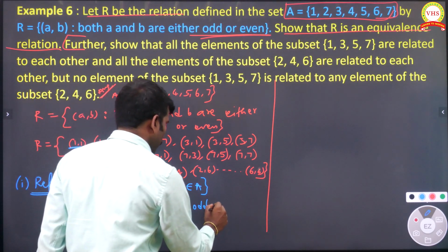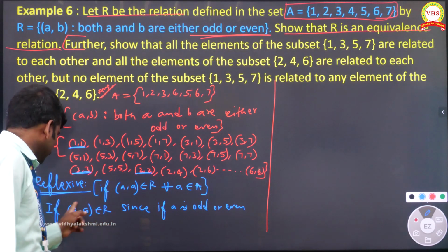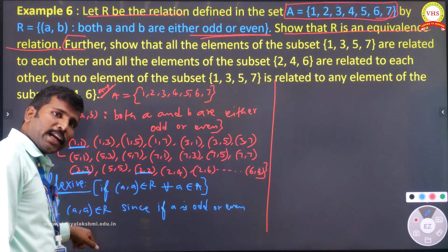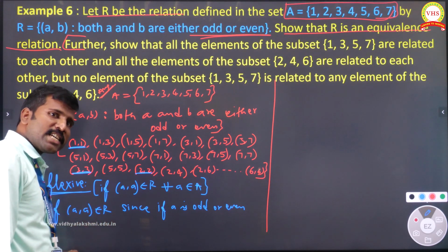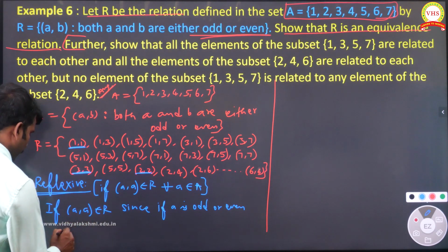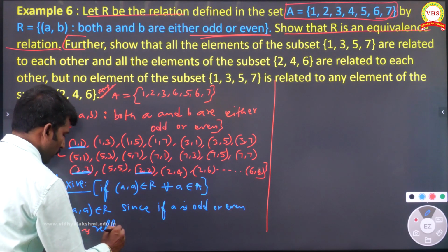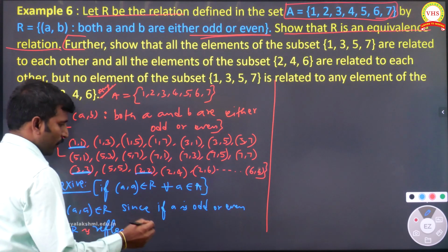If a is odd, or even, it will be satisfied. First is odd, then second is also odd. First is even, then second is also even. So not an issue. So this will be satisfied. Therefore, R is reflexive.